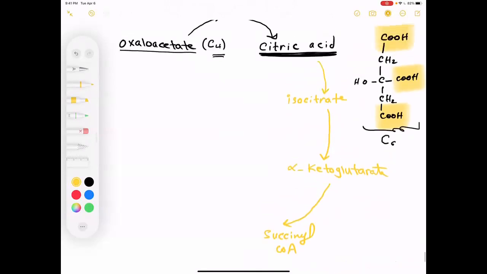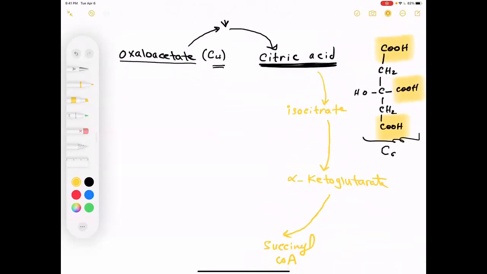Let's stop here before I finish the cycle. You know what? Let's actually finish the cycle and then plug in the missing components. From succinyl-CoA into succinate. From succinate into fumarate.